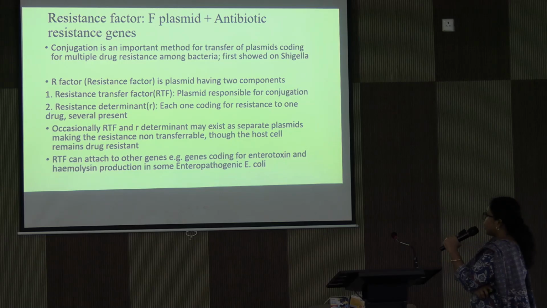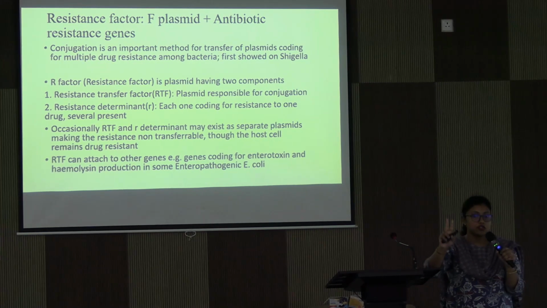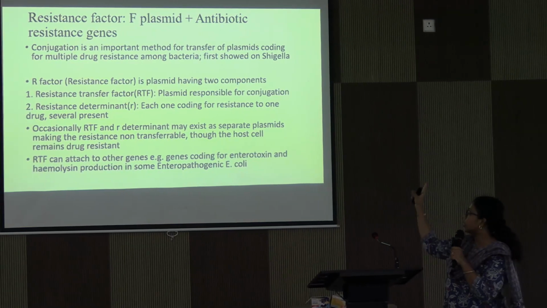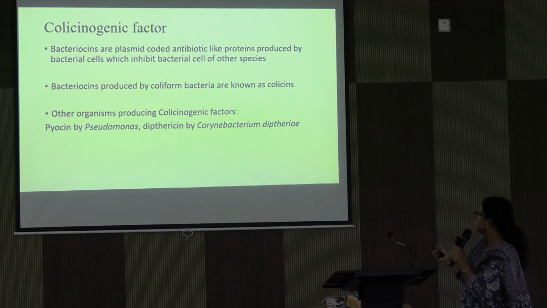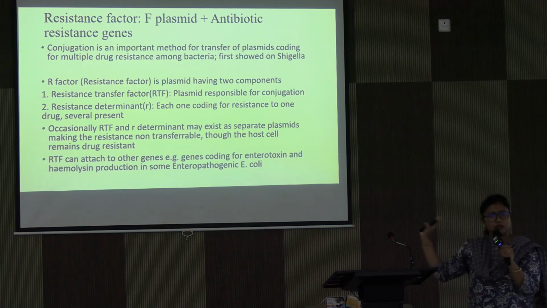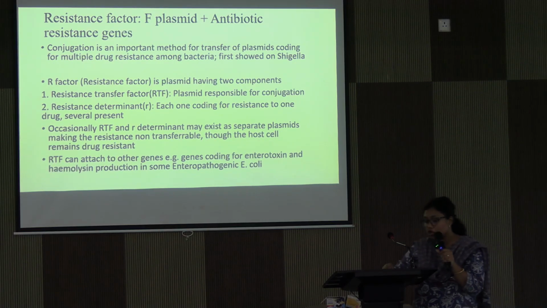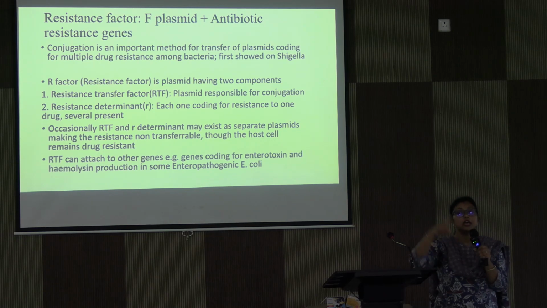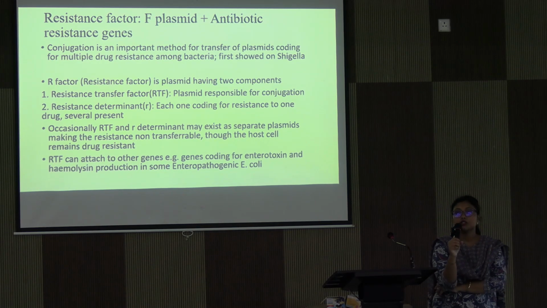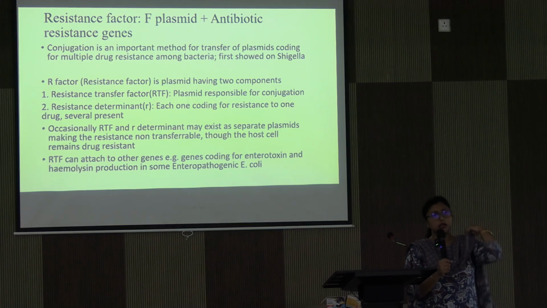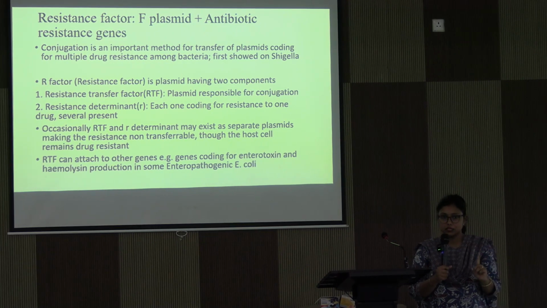Next is resistance factor. So conjugation, F plus, then HFR, and at least this one you can write, this is resistance factor, because conjugation is a means of transferring antibiotic resistance genes. So transferable drug resistance occurs by conjugation, one of the means.